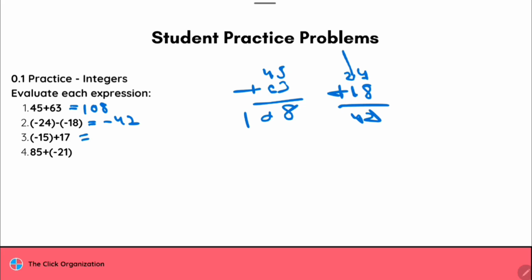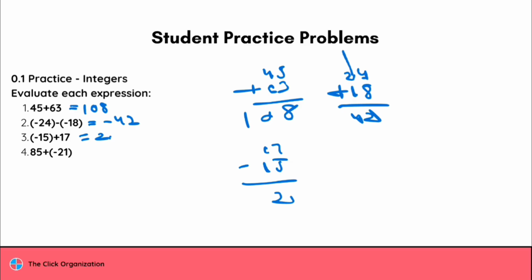The third question says -15 plus 17. In this case, both the integers have different signs, right? In that case, simply subtract both the integers. So 17 minus 15, which is 2. And the larger number here is 17, and the sign of 17 is positive. So the answer would be +2. The last question says 85 plus -21.